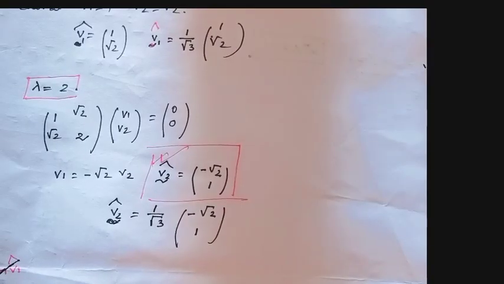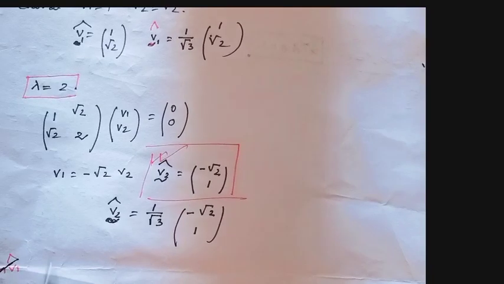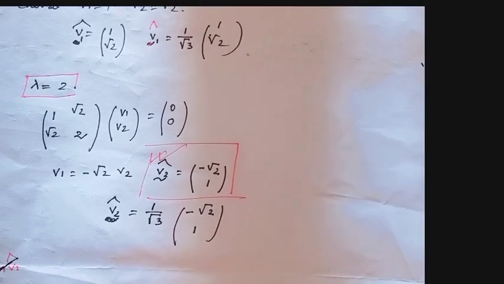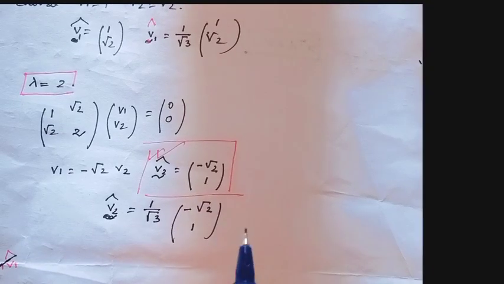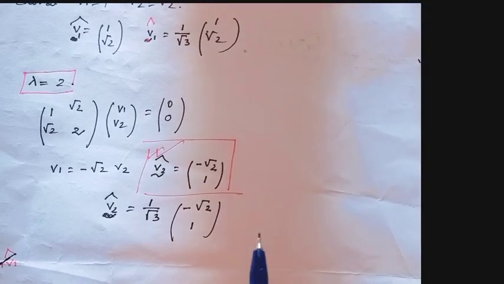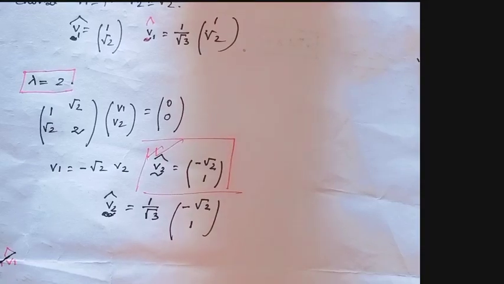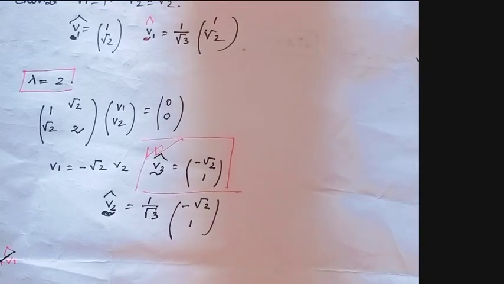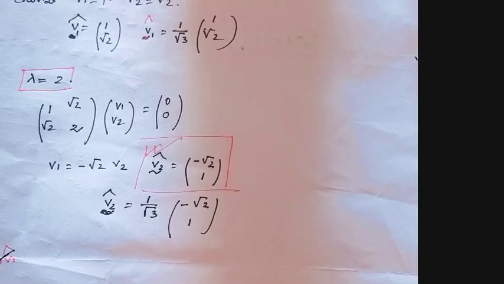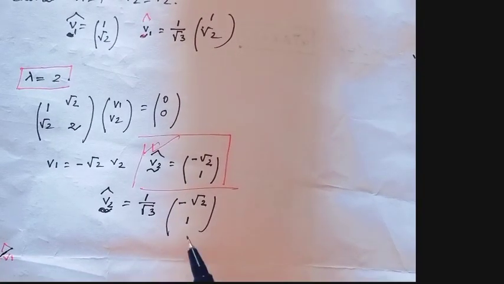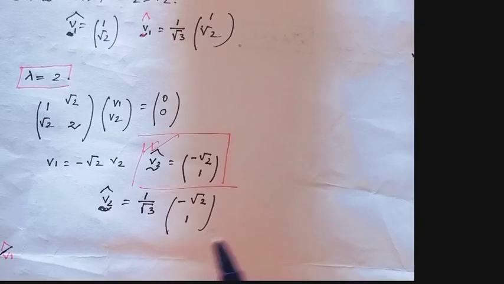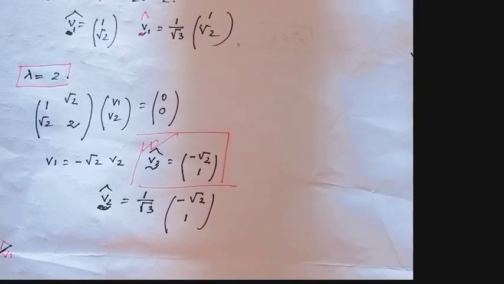Similarly, if we consider the eigenvalue lambda equal to 2, then the eigenvector would be v2 cap, which would be minus square root of 2 and 1. Since we have to divide by the norm, v2 cap would be 1 over square root of 3 times minus square root of 2, 1. This is the v2 cap.